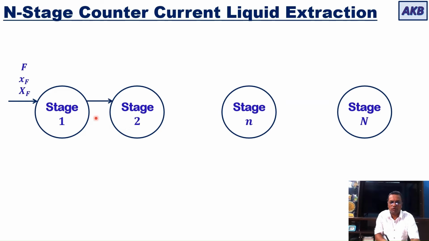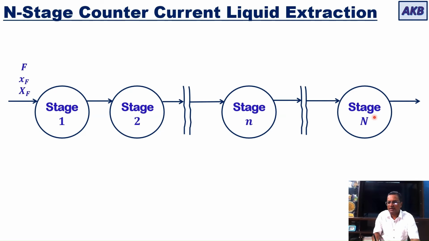I will shortly tell you what these parameters are. Then the feed will move from one stage to the other. From stage number 1, it will move to stage number 2, and then on through the many stages included within these two lines. Then it will come to stage n, and again move through a number of stages before going to the final stage.